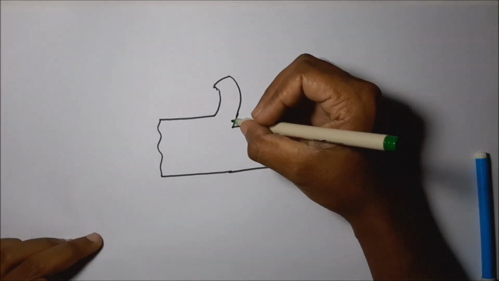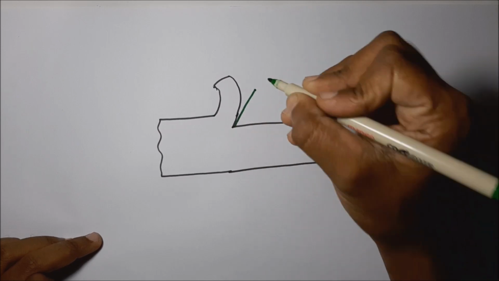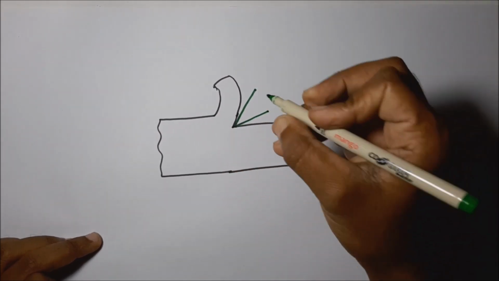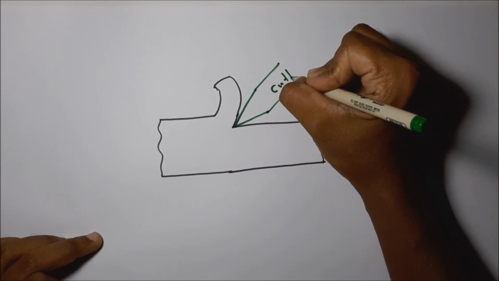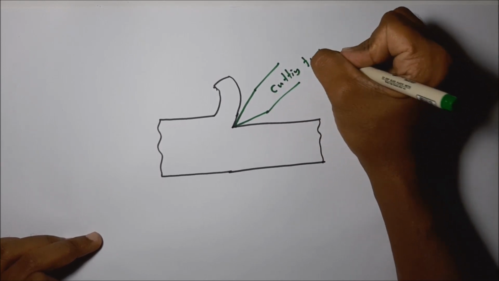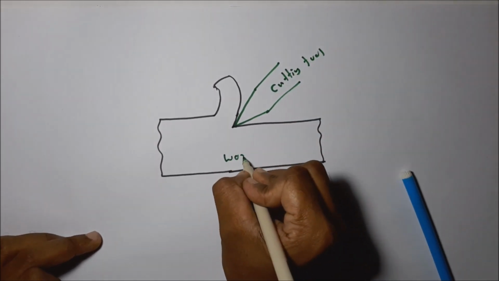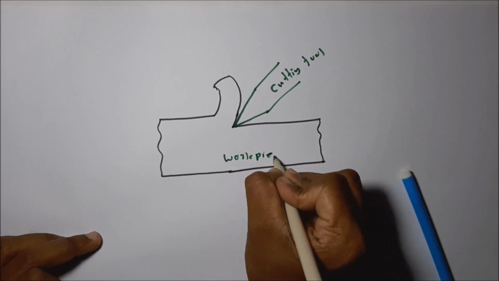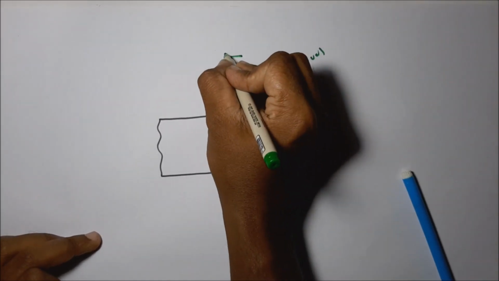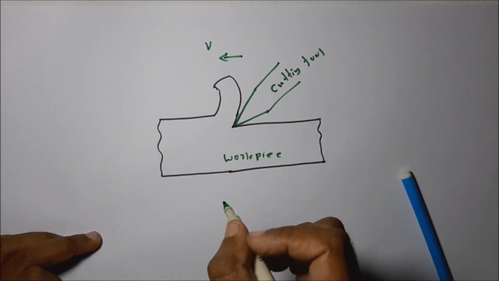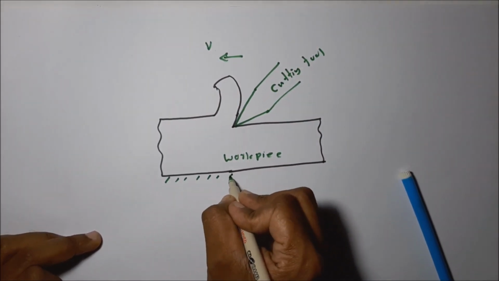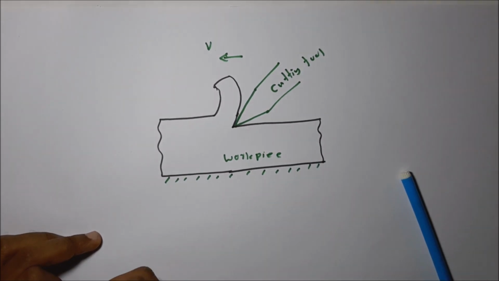I will draw the cutting tool also. This is called the cutting tool. This tool is moving in this direction with the velocity v. Let's take the workpiece is clamped on this machine tool table.